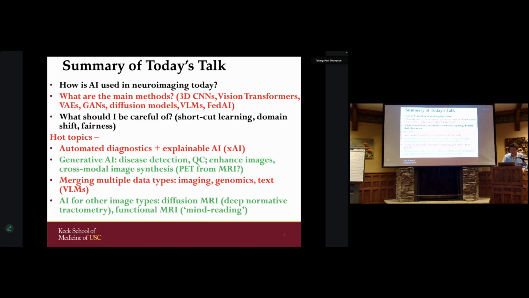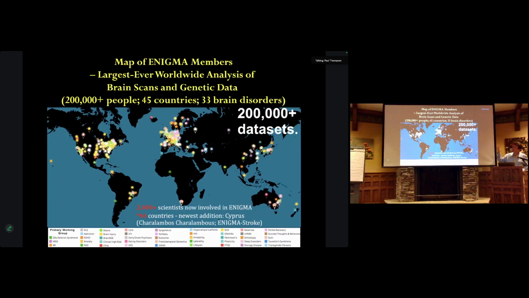So normally, I talk about this project, and I'm not going to talk about it, but there's a problem in this project. So just briefly, we run a consortium called Enigma, which is an international analysis of brain scans and genetic data from 200,000 people, 45 countries, 33 brain disorders. And the data is here, it's not centralized in any one place.